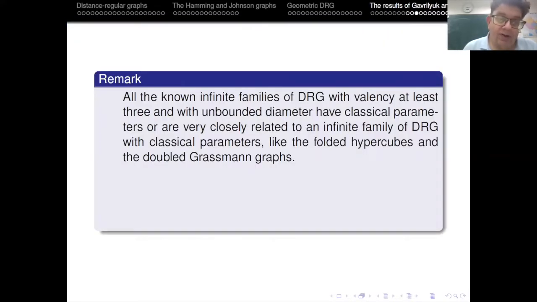So all the known infinite families of distance-regular graphs with valency at least 3 and with unbounded diameter have classical parameters or are very closely related to an infinite family of distance-regular graphs with classical parameters, like the folded Hamming cubes and the double Grassmann graph.